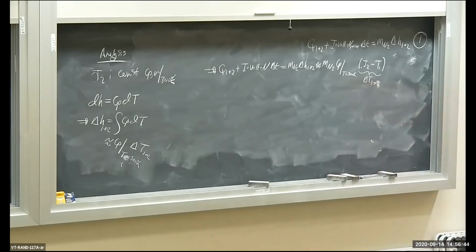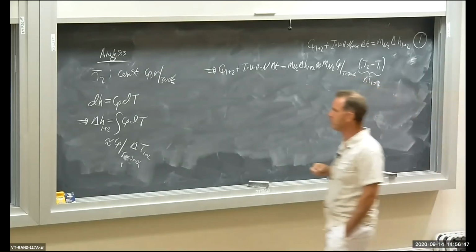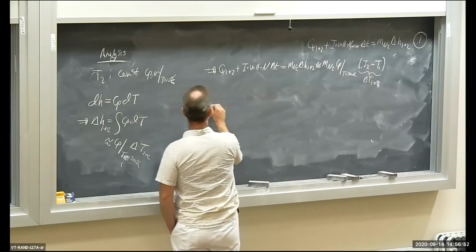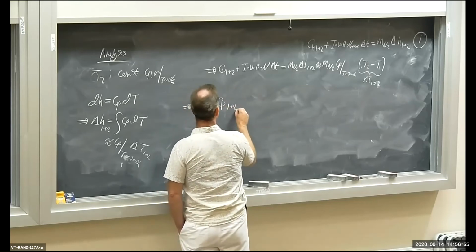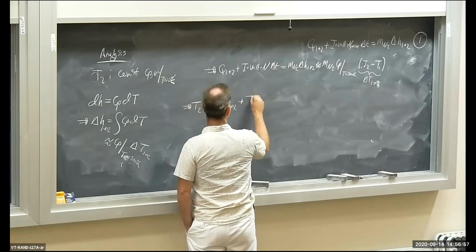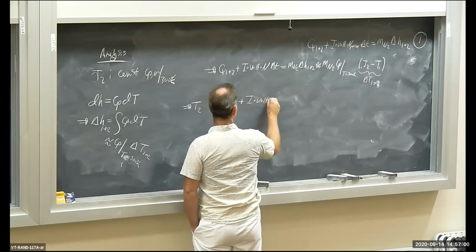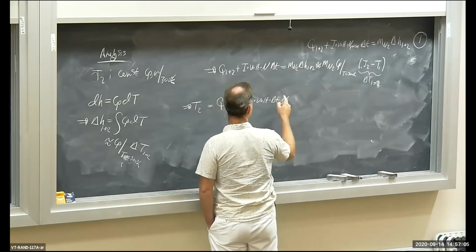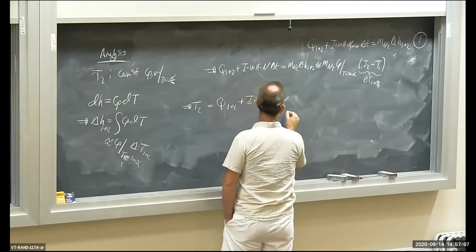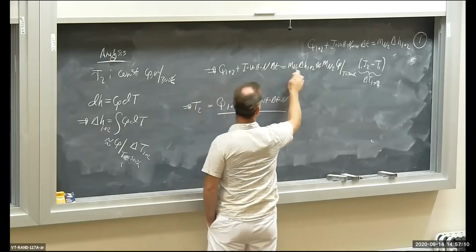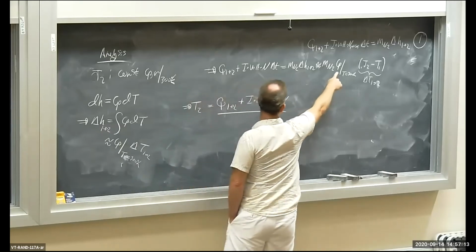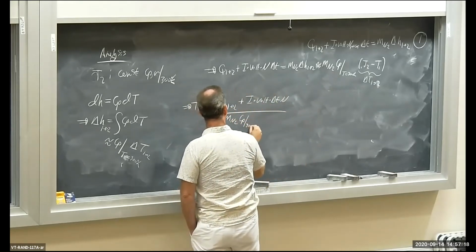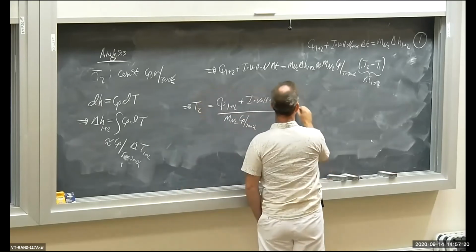Okay, let's solve for T2. T2 is equal to the heat transfer plus the current times the voltage times delta T, and then I have N, number of resistors, divided by M Cp, plus T1.